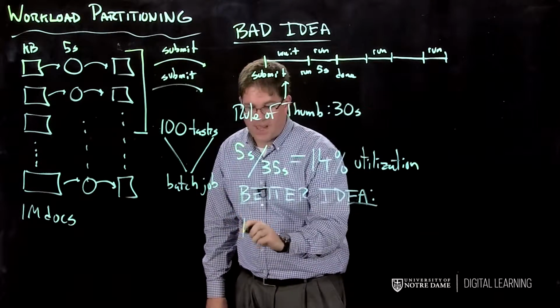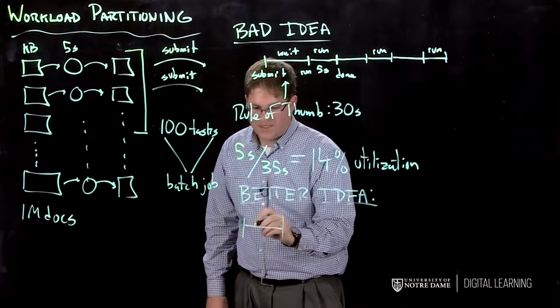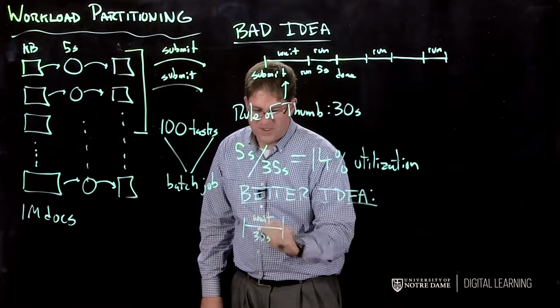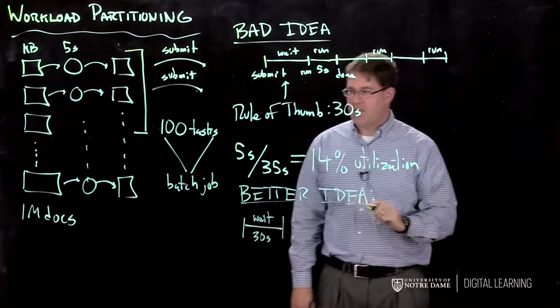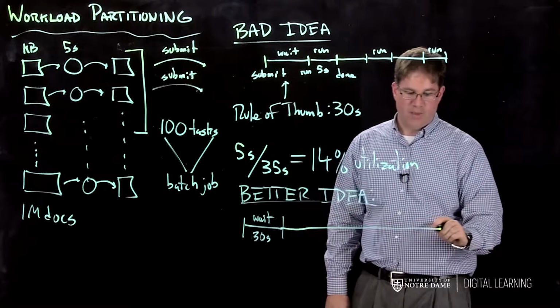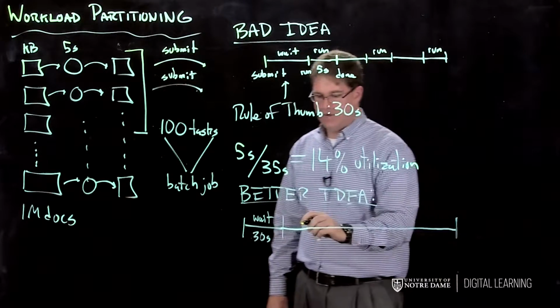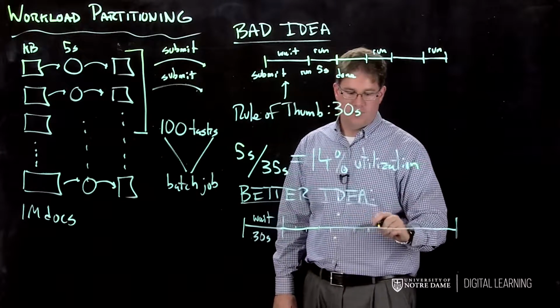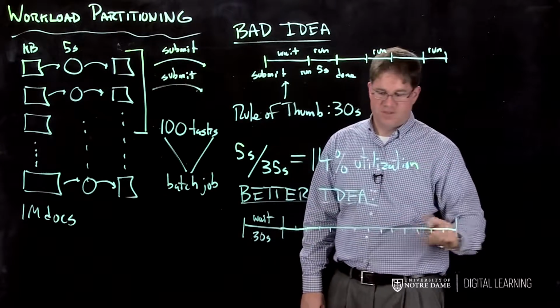We still have to pay the wait time. Again, our rule of thumb is 30 seconds. But after we pay that wait time of 30 seconds, we're going to run one long job that consists of each of those individual tasks taking 5 seconds. And so this whole thing is going to take 500 seconds.